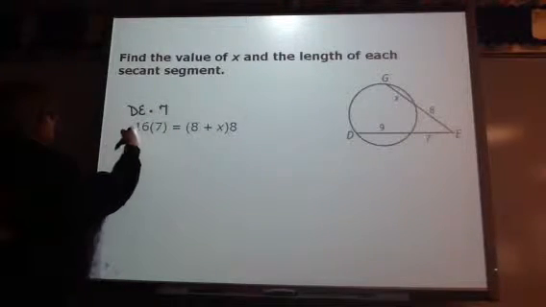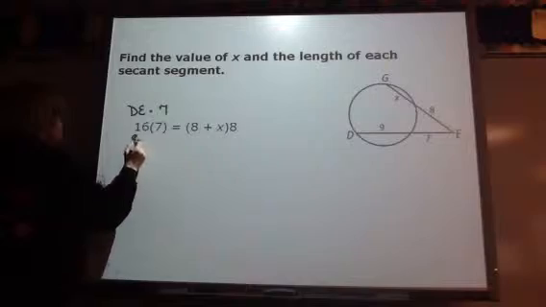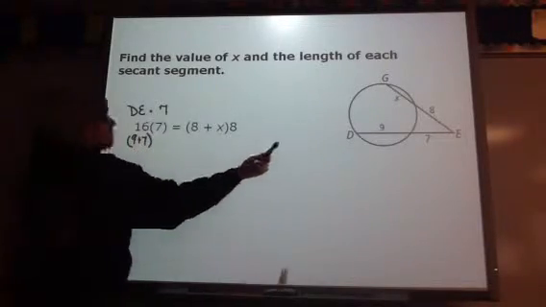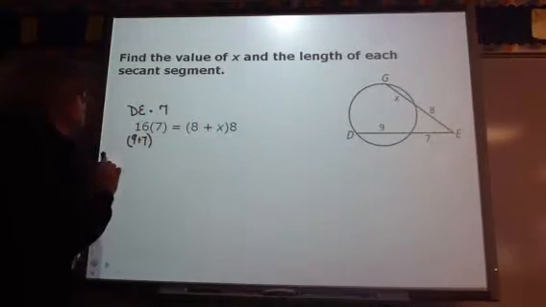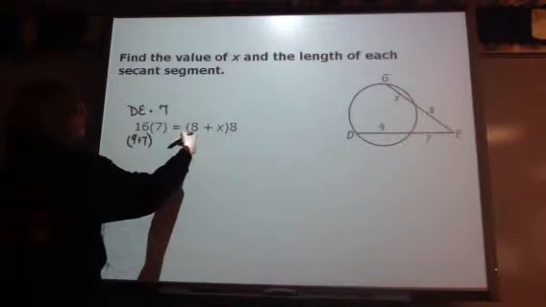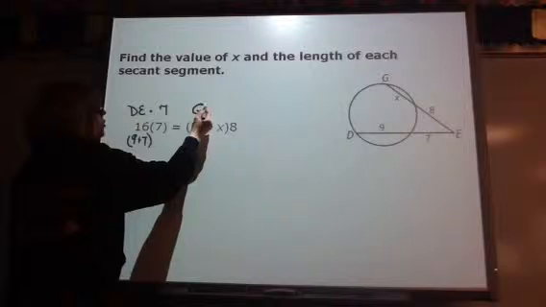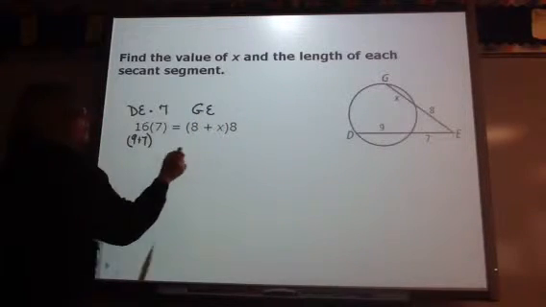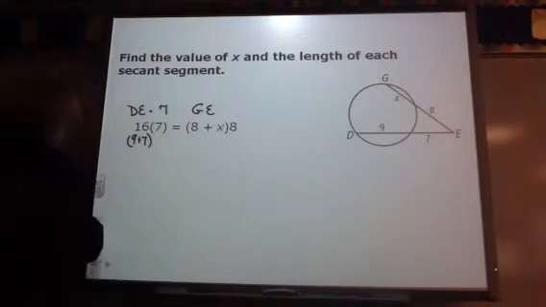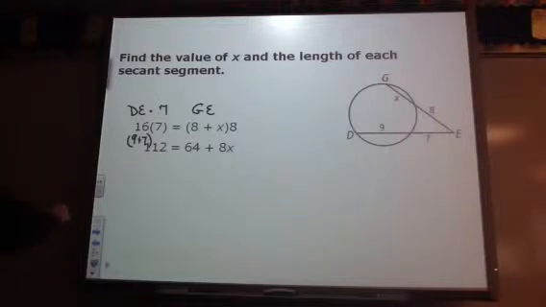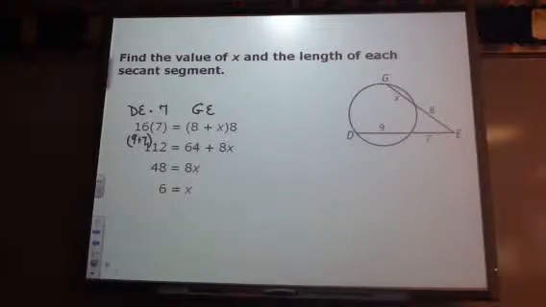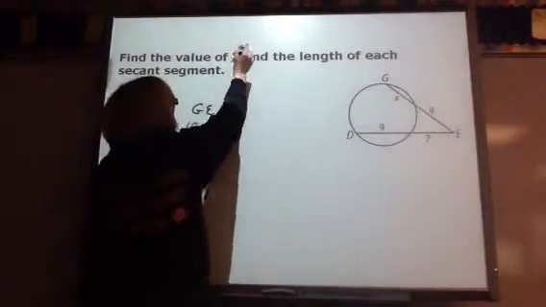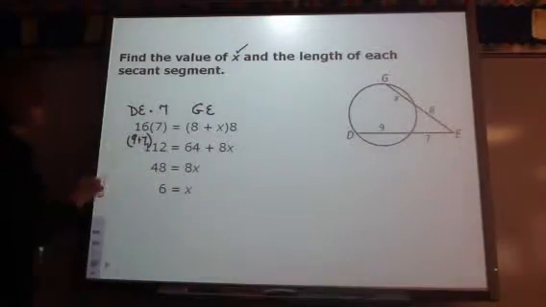To get the 16, I have to take the 9 plus the 7, if you didn't see that. 9 plus the 7 to get this secant. And I put that equal to 8 plus x, which is your GE, times the exterior secant. Simplify and solve for x. Once you find x, then you have to find the length of each secant segment.